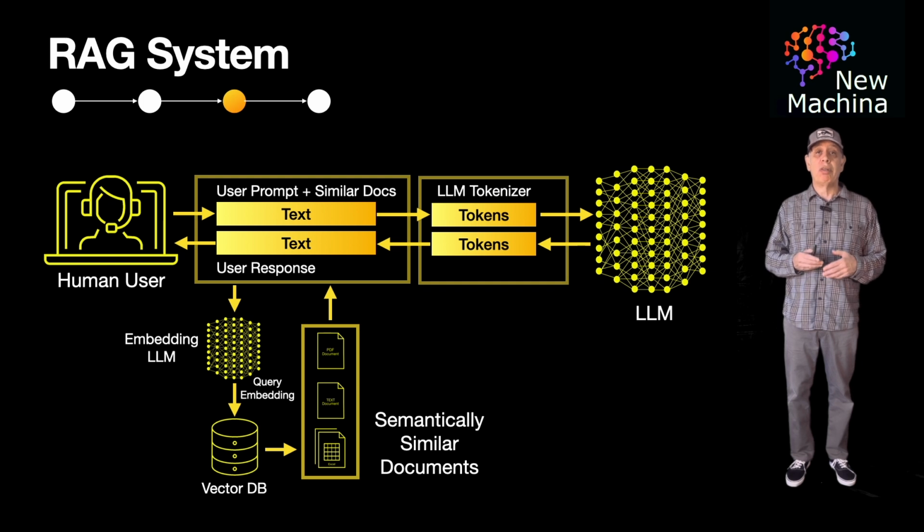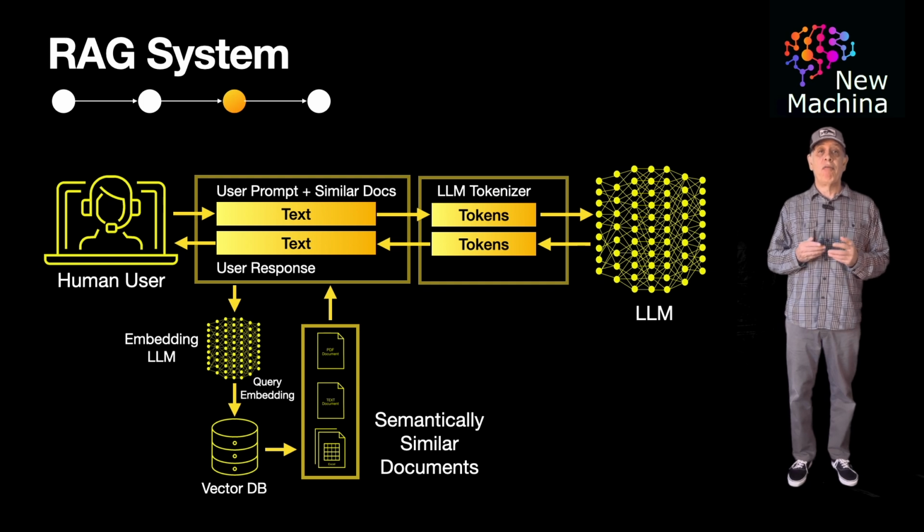Then have your LLM-driven system use the query embedding to query your vector database to get back semantically similar documents. Finally, have your LLM-driven system send the original user query paired up with the semantic summary documents over to the LLM, which will then use all of this to generate a higher quality response.